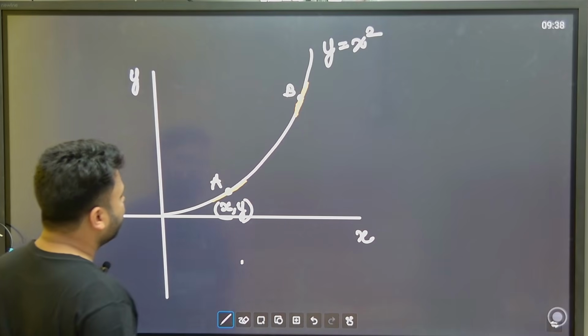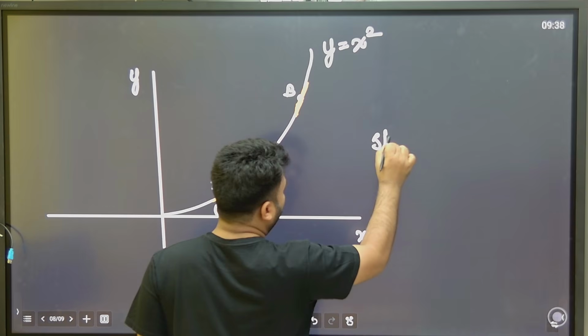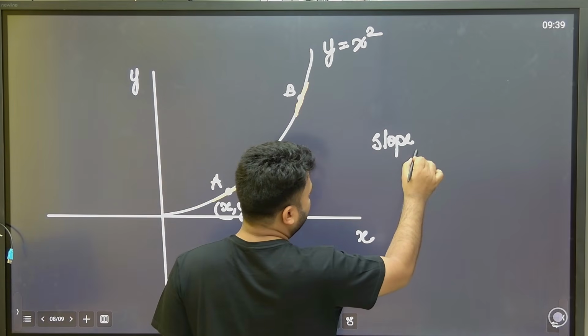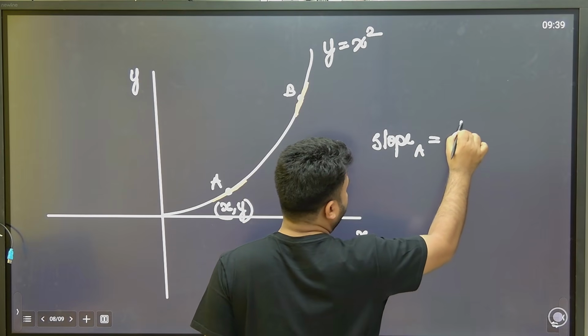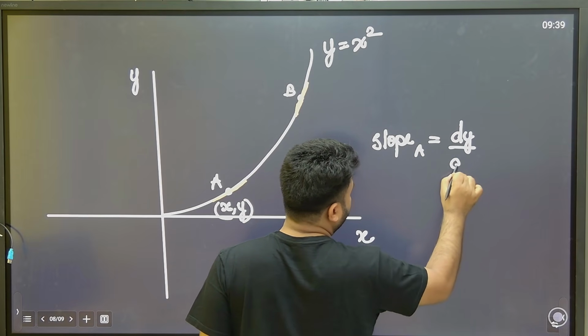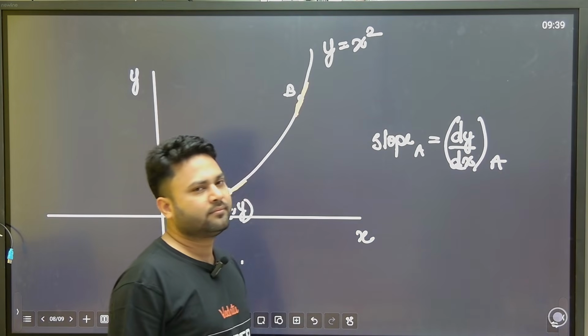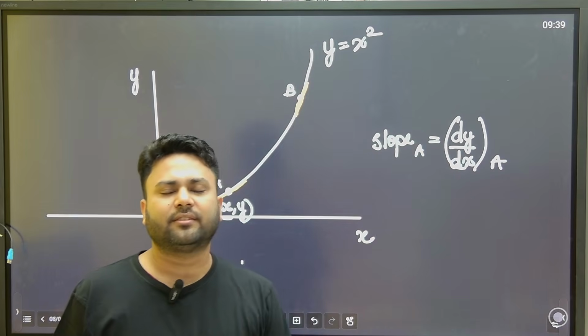The value of the slope at any point A was given by dy by dx at A. This we call dy by dx.